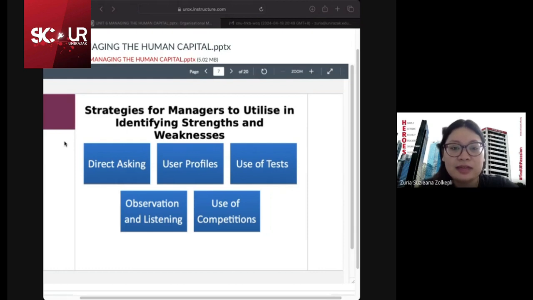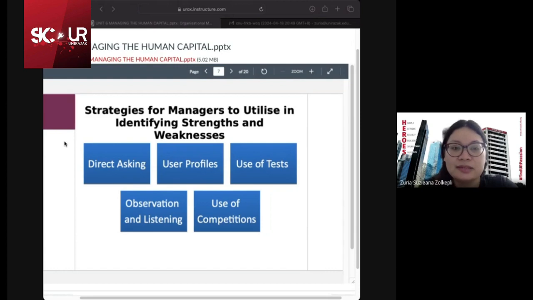And then use of tests. You can give various kinds of tests to identify their strengths, capabilities, and personality, and you can use interviews as well, right? It is different from direct asking. Direct asking is when you ask questions directly about their strengths and capabilities.